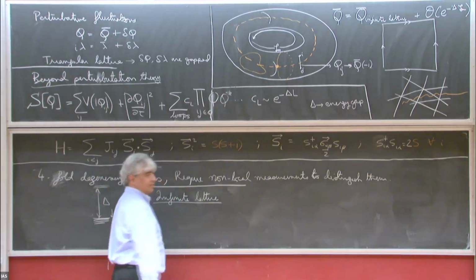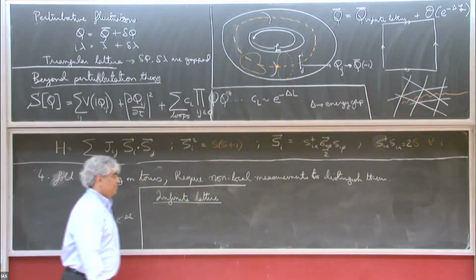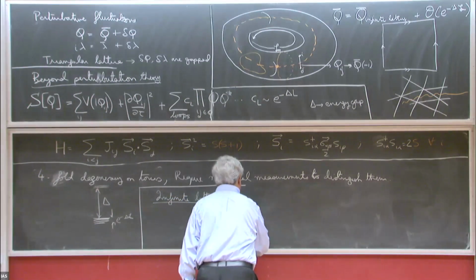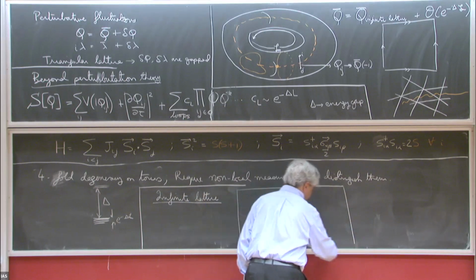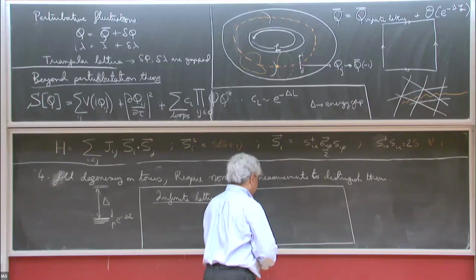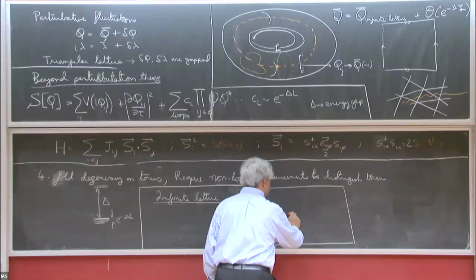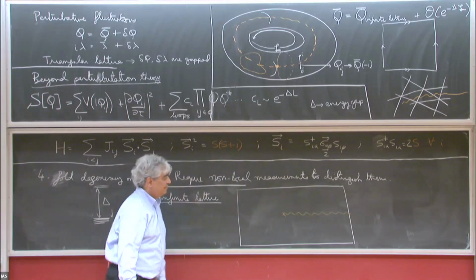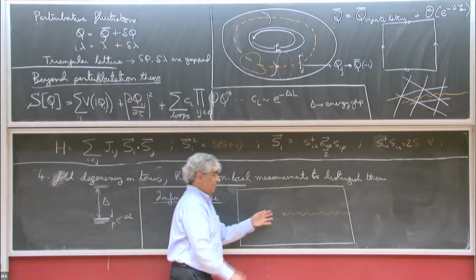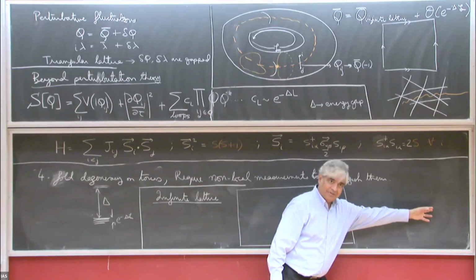So we take an infinite lattice, and we take this cut, but have it terminate at one point. If the lattice is finite, then it will probably terminate somewhere else.